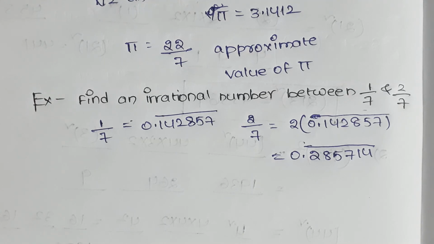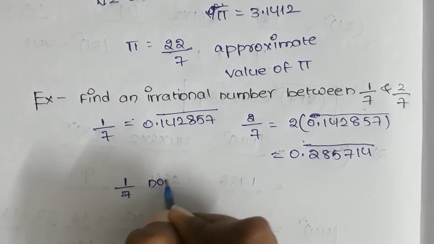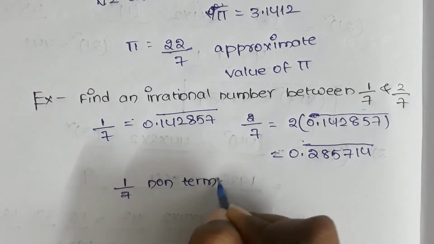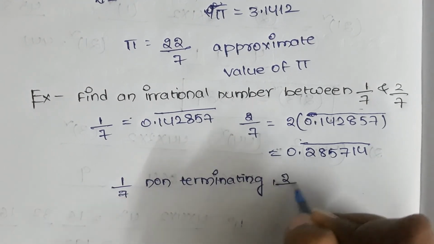Now in order to find an irrational number in between 1 by 7 and 2 by 7, here 1 by 7 has a non-terminating, recurring decimal expansion, and similarly 2 by 7 also.